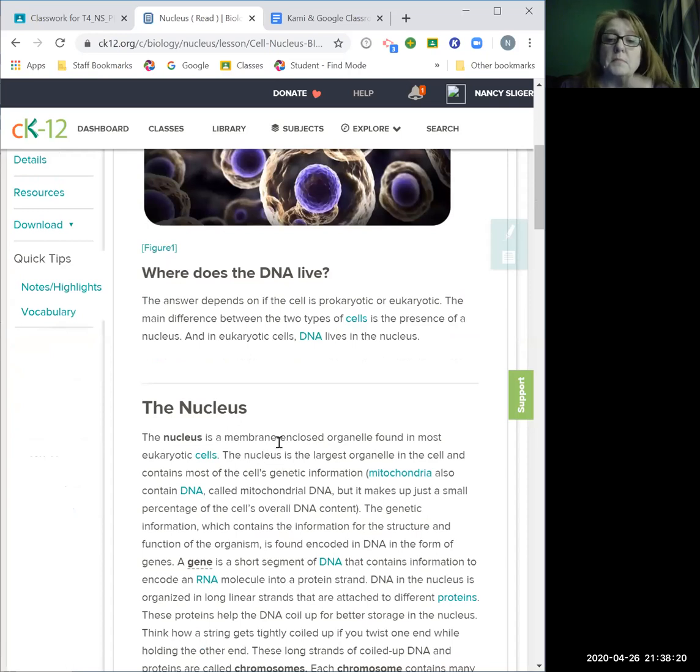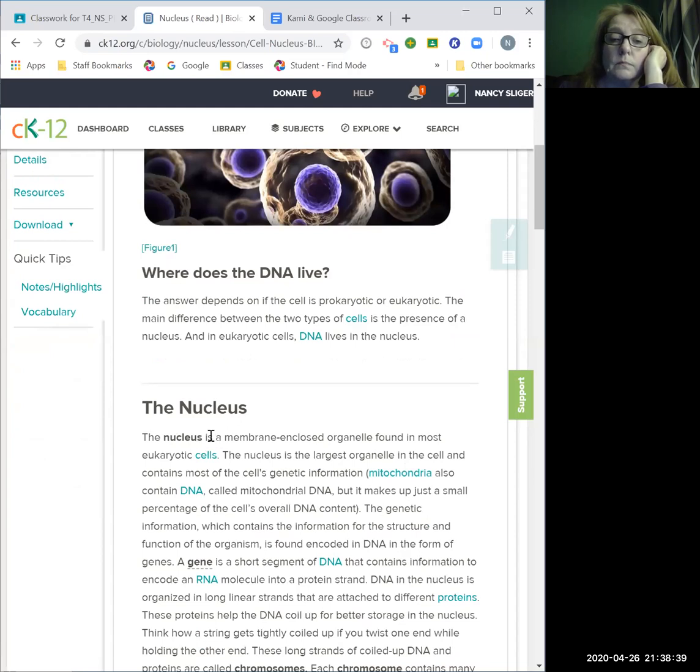So the nucleus is a membrane-enclosed organelle found in eukaryotic cells. The nucleus is the largest organelle in the cell, and it contains most of the cell's genetic information. Some mitochondria have DNA, but it's mitochondrial DNA.